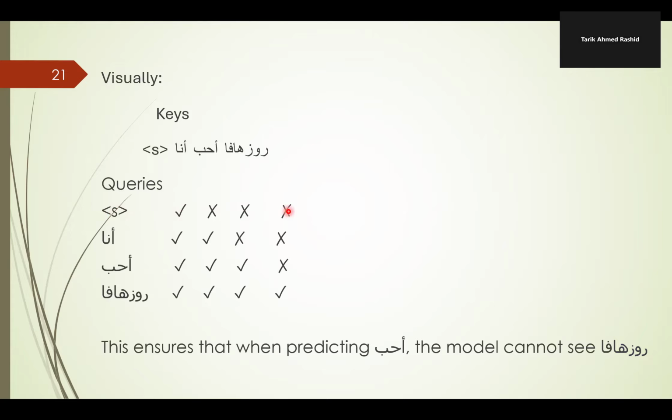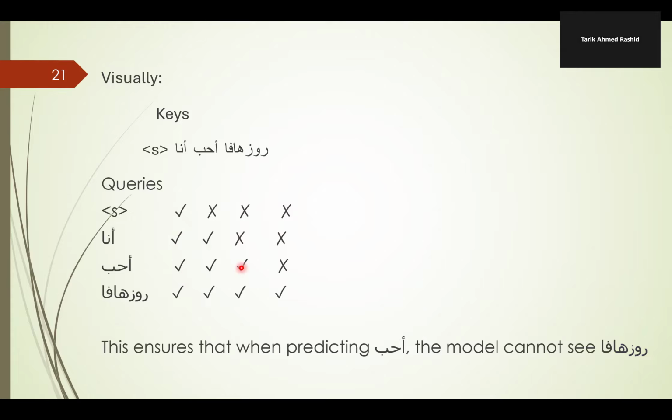So feature 4 is Rojava, feature 3 is Ahab, feature 2 is Ana, and feature 1 is S. So the S token can only see itself. That's the causal masking. Ana can see itself in the second position and can see the S token, but cannot see Ahab or Rojava.